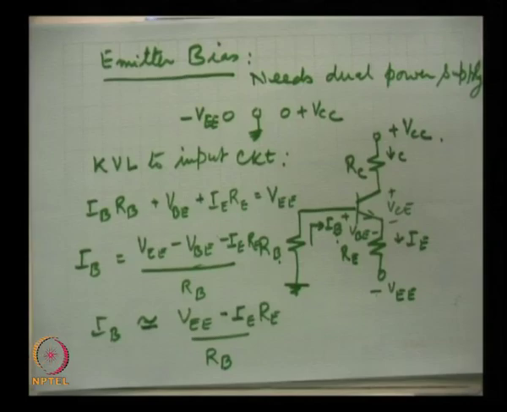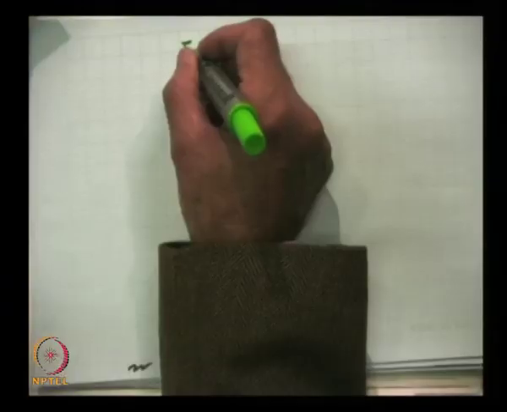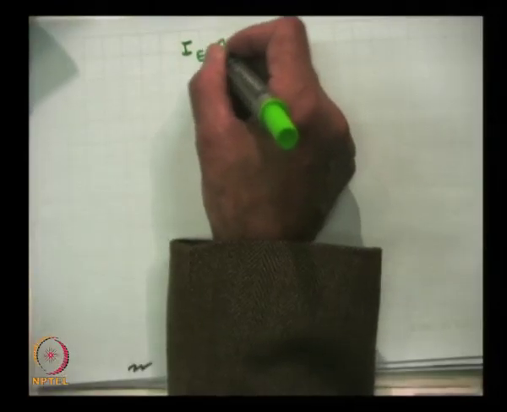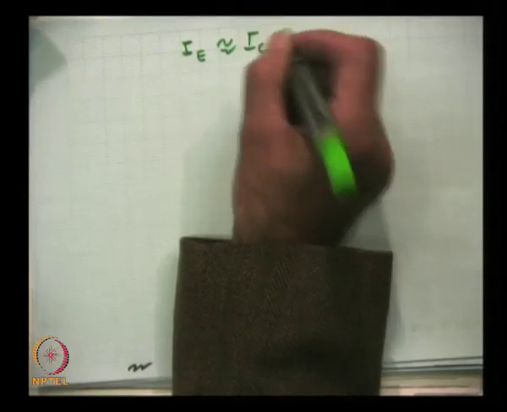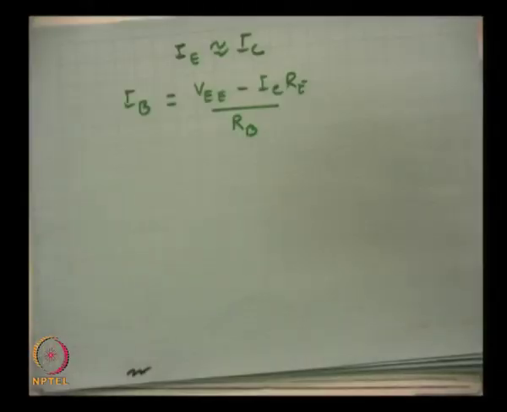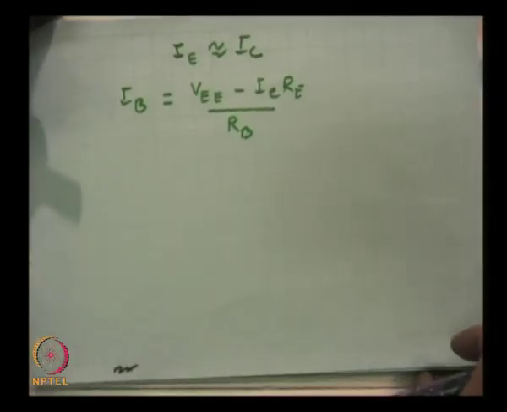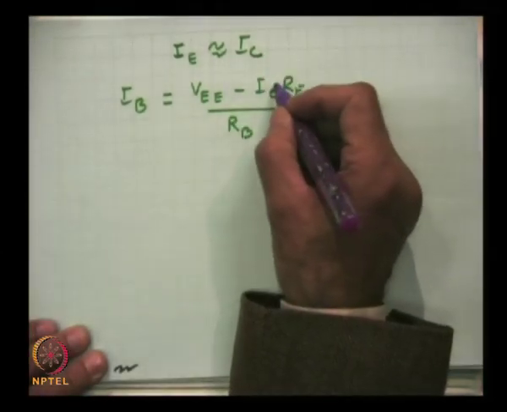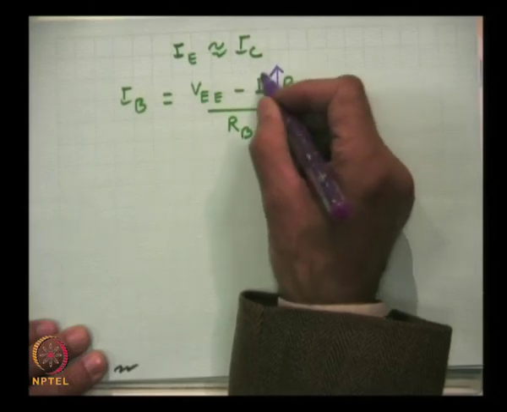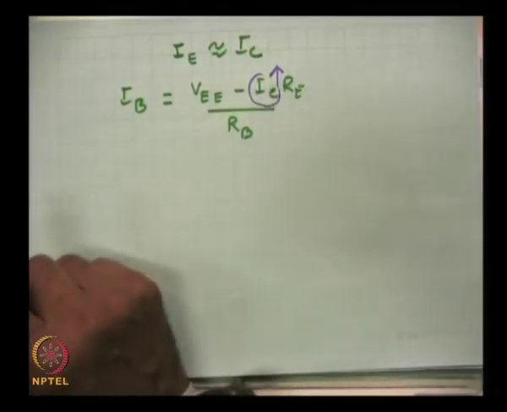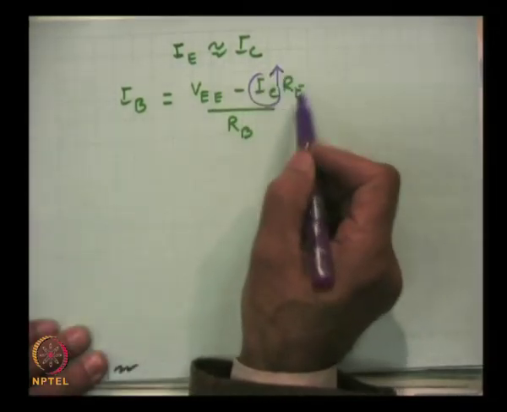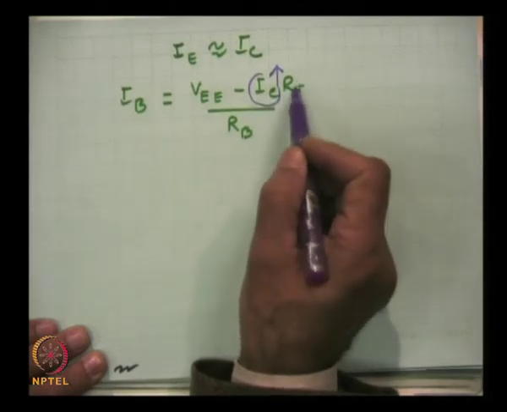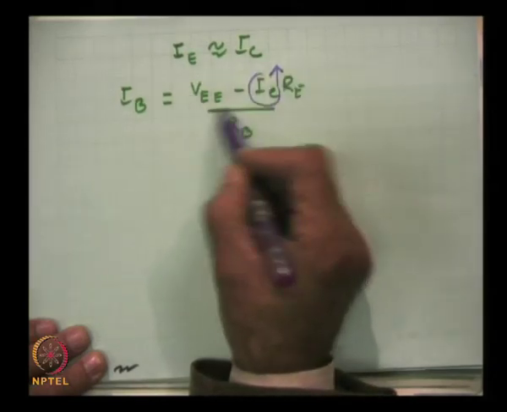Now, for any reason, IE is almost equal to IC, and this is the equation which shows the stability, that if collector current rises, this parameter will acquire higher magnitude and this term will fall.